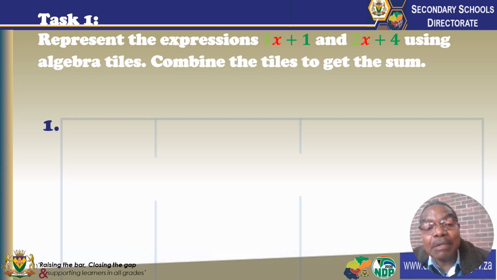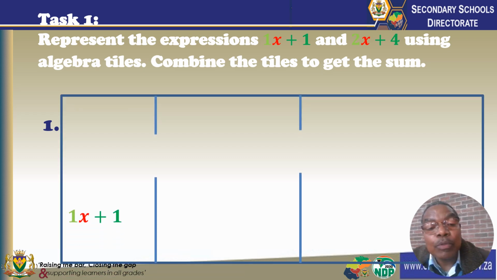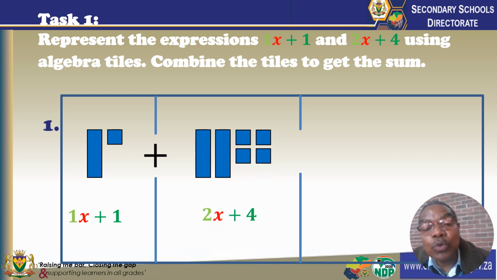How many rectangles do you have? 1 rectangle and a small square, which is blue. And 2x plus 4 is represented with 2 rectangles and 4 small squares.